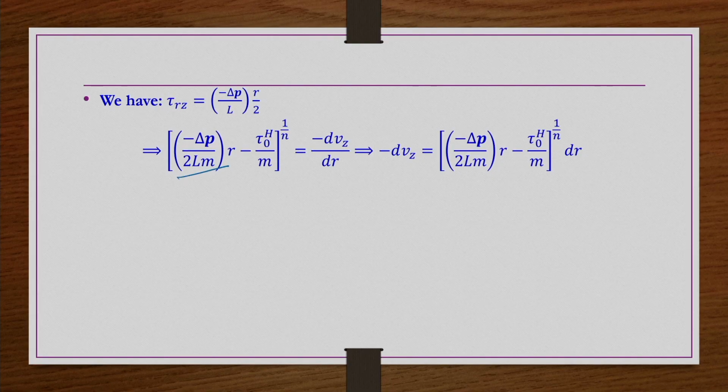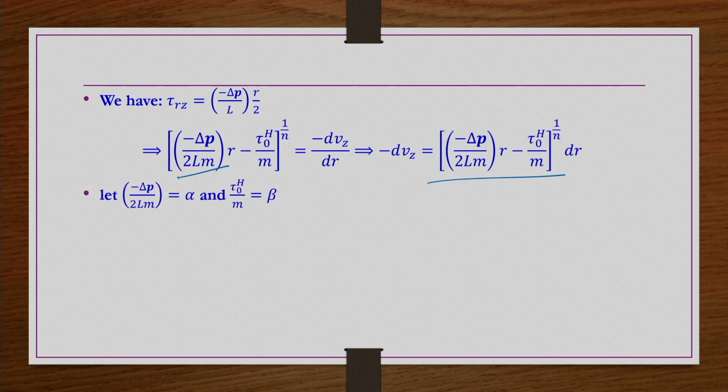Now, in place of tau Rz in the previous equation, I am going to write minus delta P by L times R by 2, which we derived in the previous slide. So, in place of tau Rz, I have substituted this, and everything else I am keeping the same. Now, I am writing minus dVz equals whatever this term is times dr, and then we can integrate this equation.